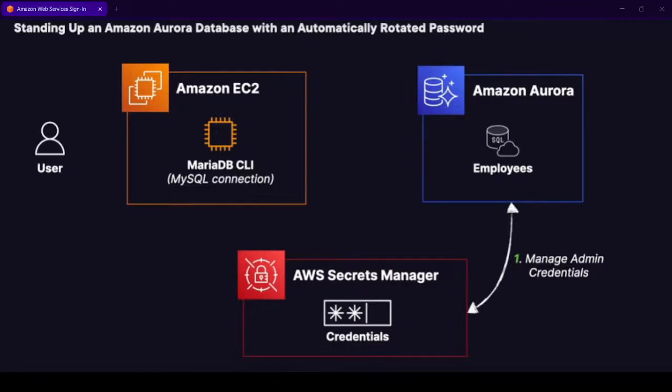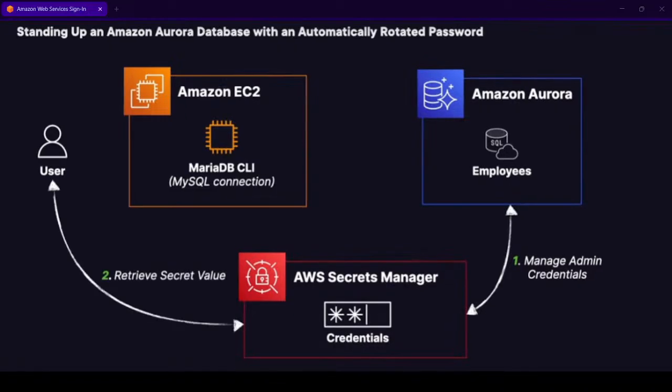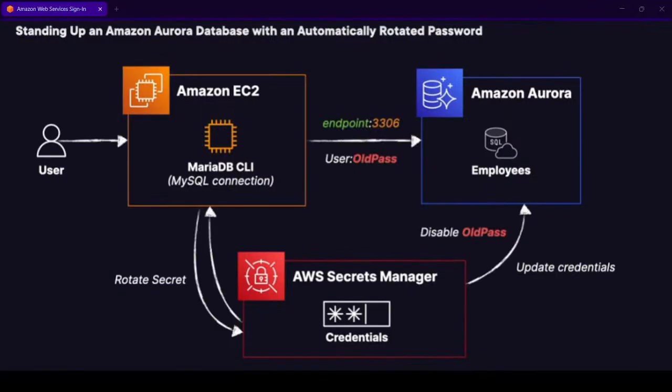The main thing, the first point which you can see, is managing the admin credential. To log into the Aurora DB, we will need some password, right? The connection pool also needs a username and password. So we will not keep the password, we will store it in Secrets Manager. Then as a user, we will retrieve that secret value and, using that value, log in to the Aurora DB with the old password.